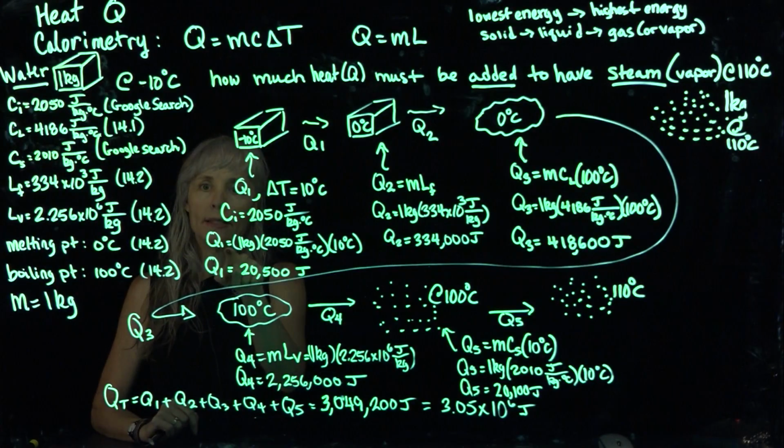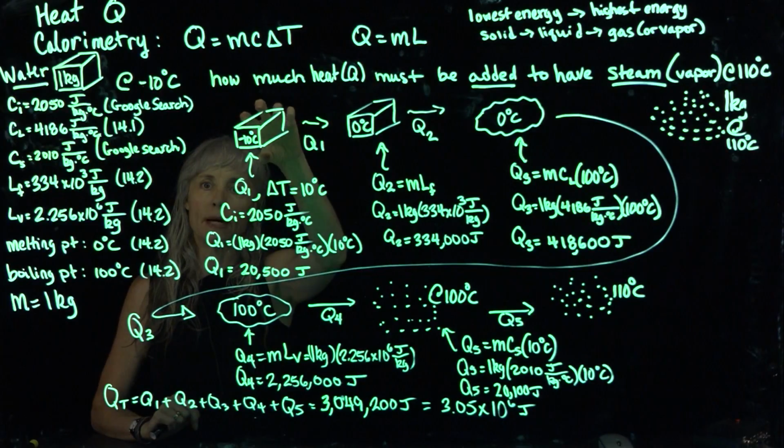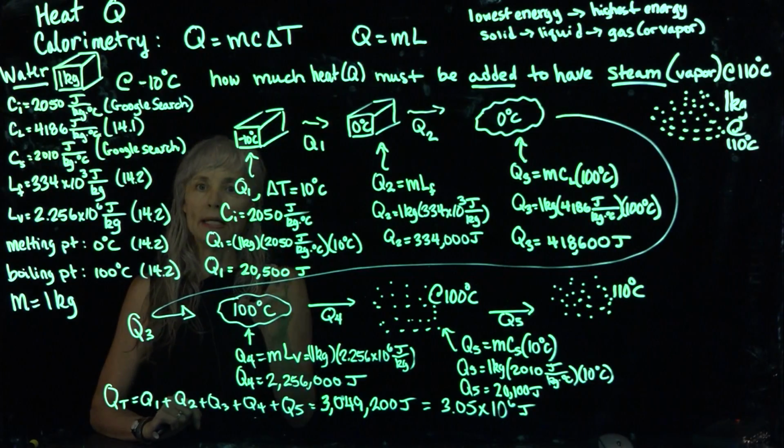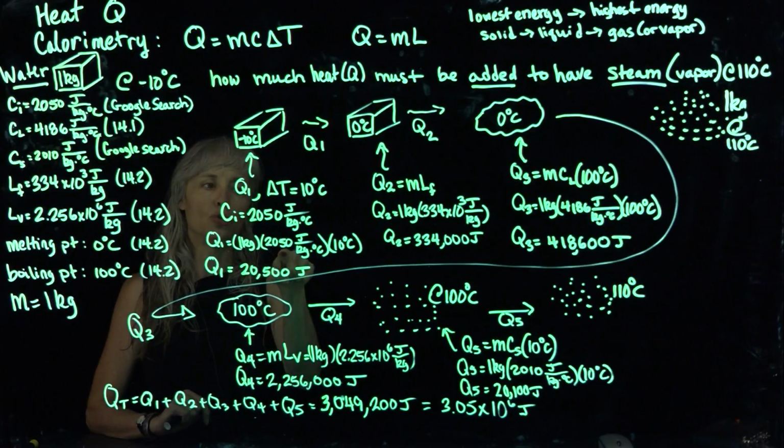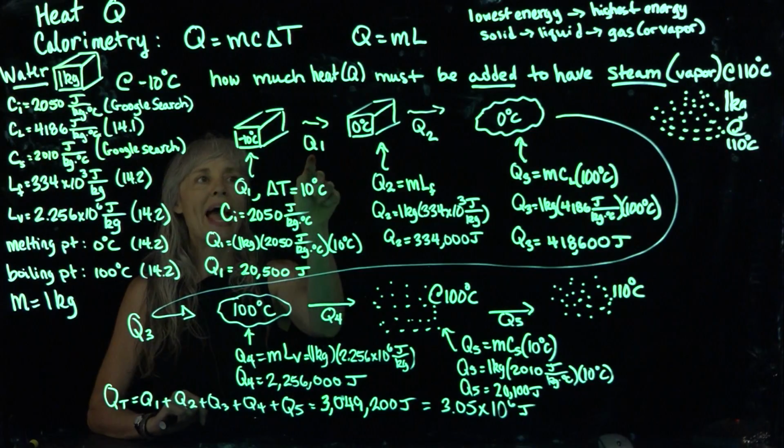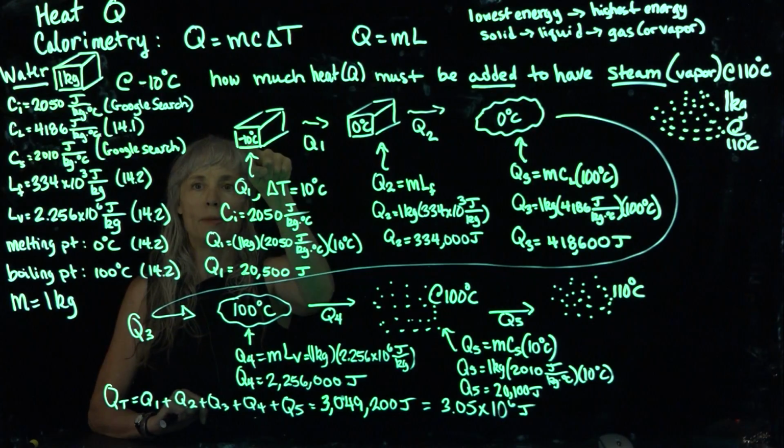So Q1, the amount of heat energy I need to add to this block of ice at minus 10 degrees C to get it to its melting point, is going to be 1 kilogram m times the specific heat of ice, 2050 joules per kilogram per degree C, times the change in temperature, 10 degrees C, which gives us 20,500 joules. So I'm going to add 20,500 joules to this minus 10 degree block of ice.